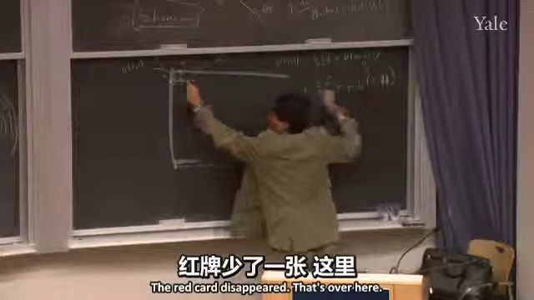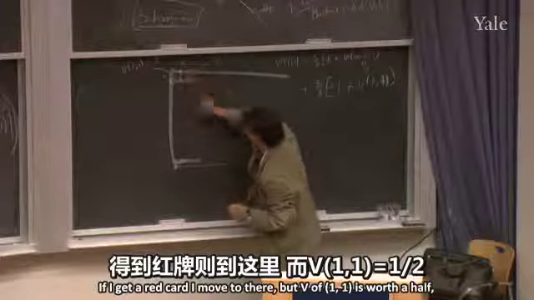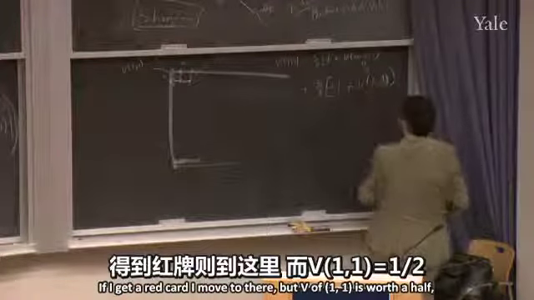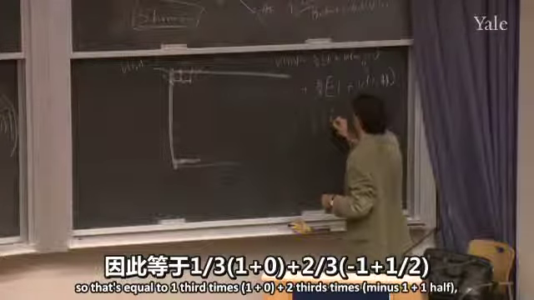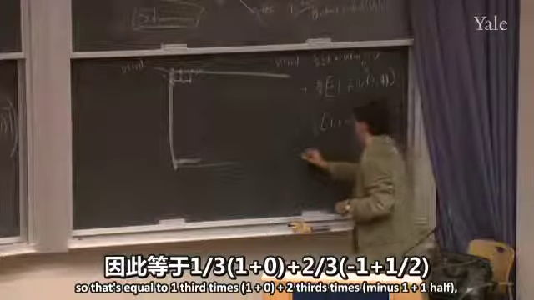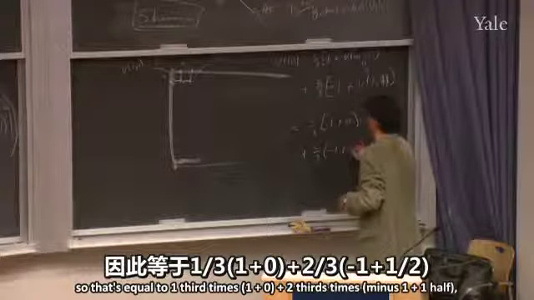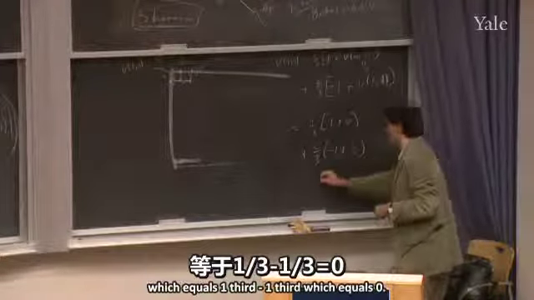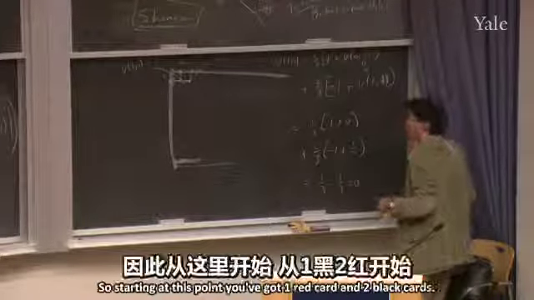That's over here. Okay, so if I get a black card, I move to here. We know what if I get a red card, I move to there. But V of 1, 1 is worth 1/2. So that's equal to 1/3 times 1 plus 0 plus 2/3 times minus 1 plus 1/2, okay, which equals 1/3 minus 1/3, which equals 0.